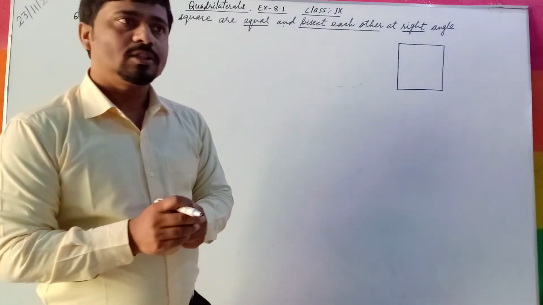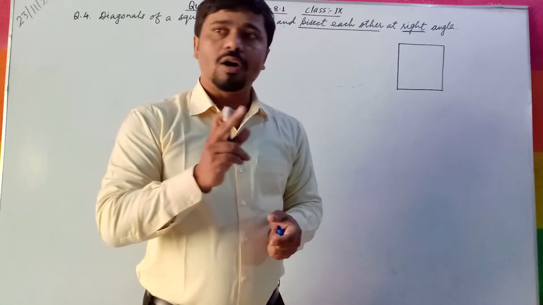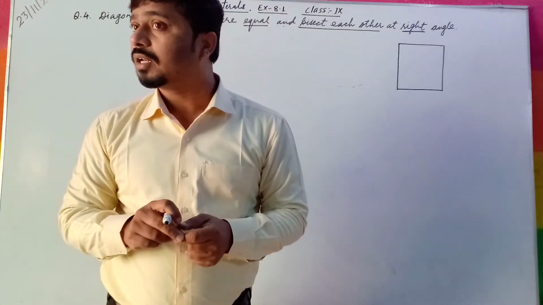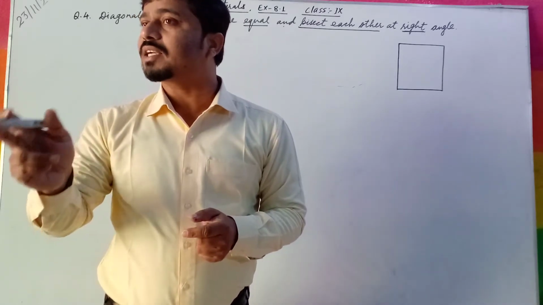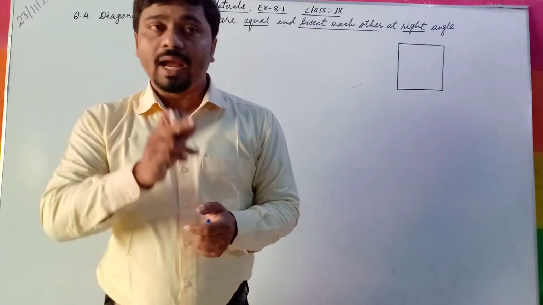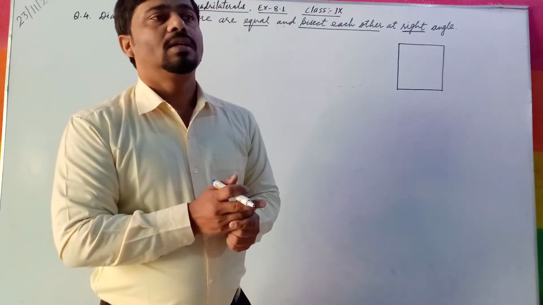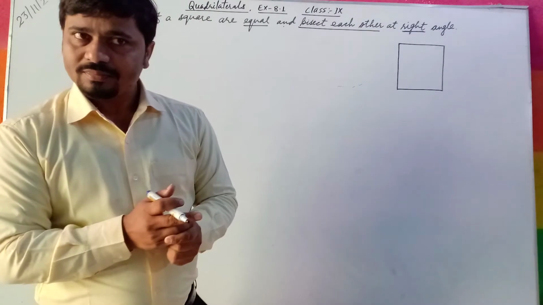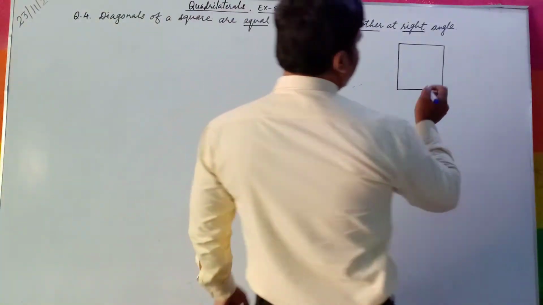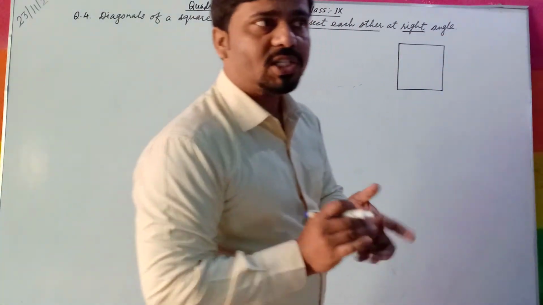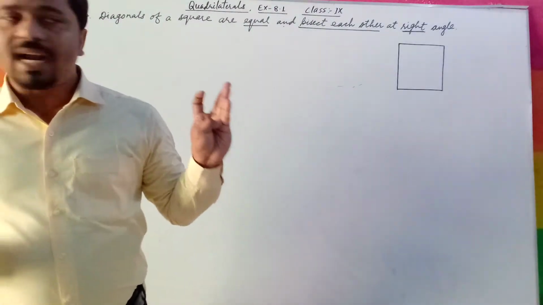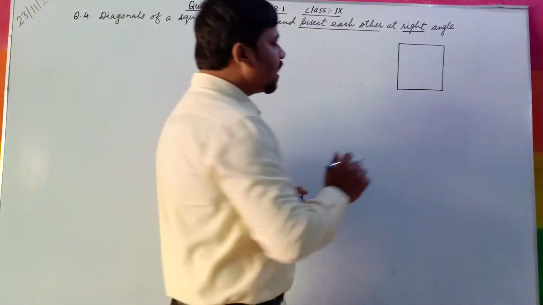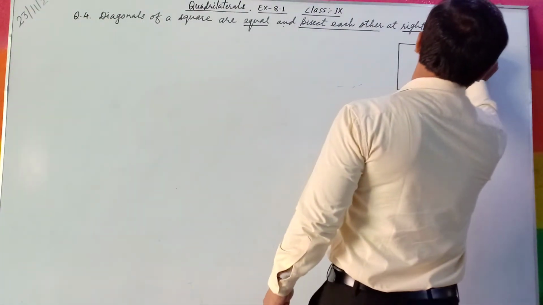We know the properties of a square are: all sides are equal, diagonals are equal, diagonals bisect each other at right angle, and each of the angles is 90 degrees. So four properties I told. First I told all four sides are equal and each angle is a right angle.